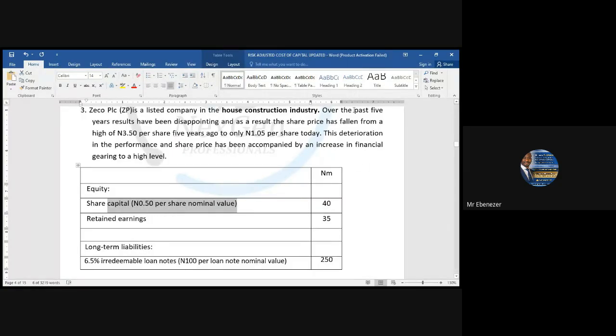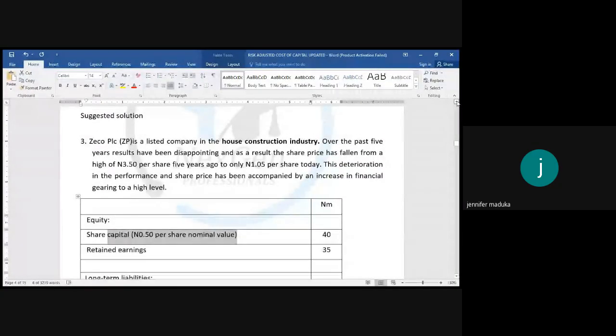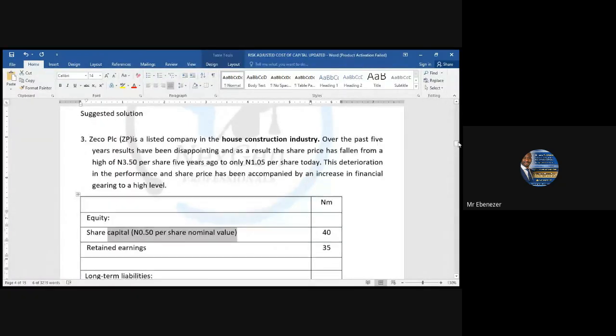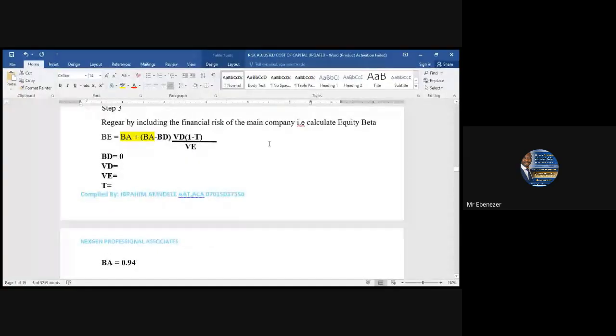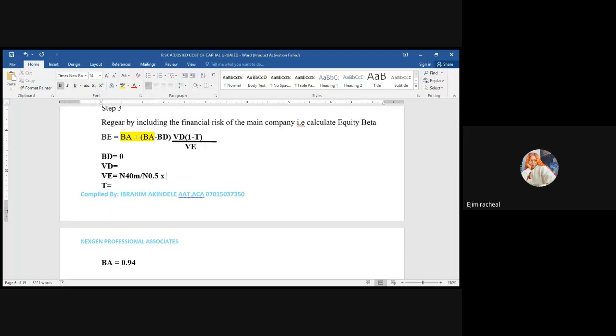Class, what is the market price? 1.05. Okay, 1.05. Good. So this is 40 divided by the nominal price, 0.5, times the market price, 1.05.